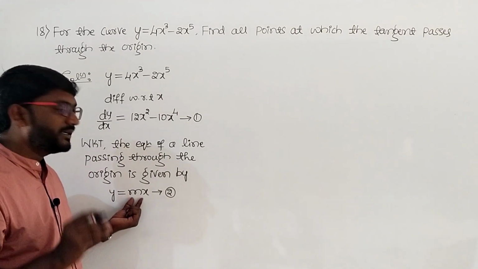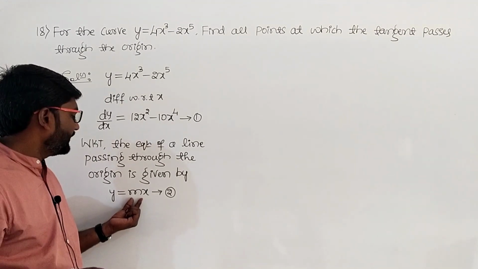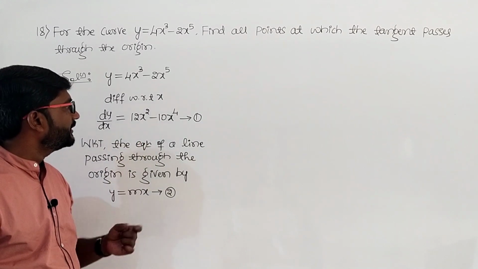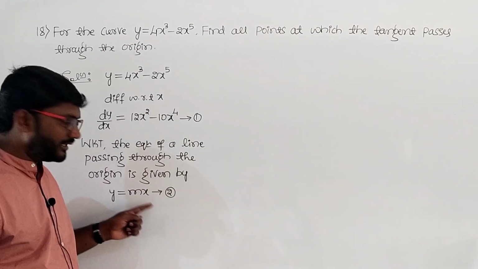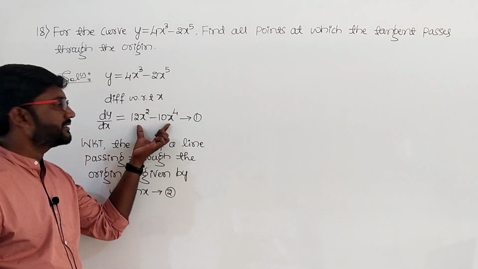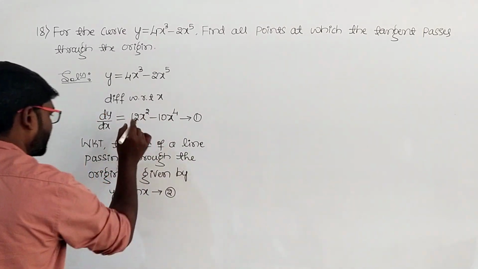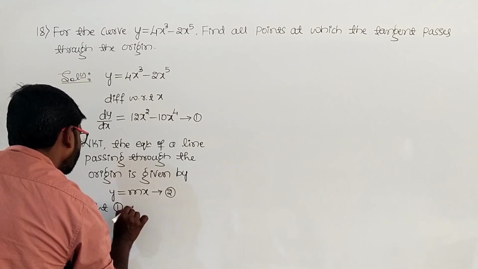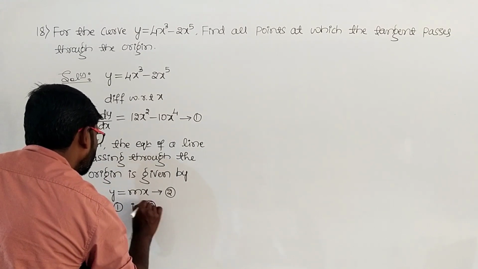What is the slope in differentiation? It is dy by dx. So I can rewrite equation 2 with the help of equation 1. Put equation 1 in equation 2. In place of m, I can write this expression.